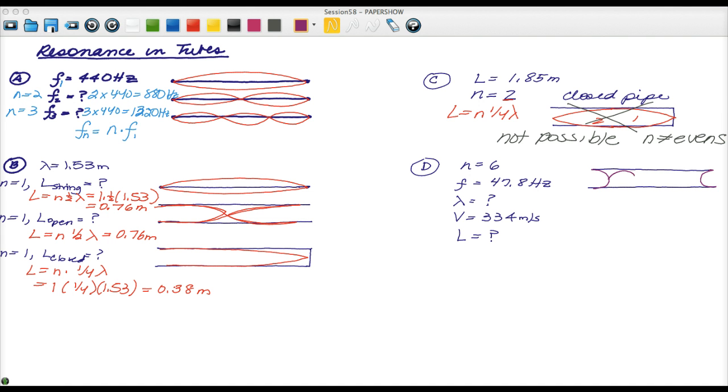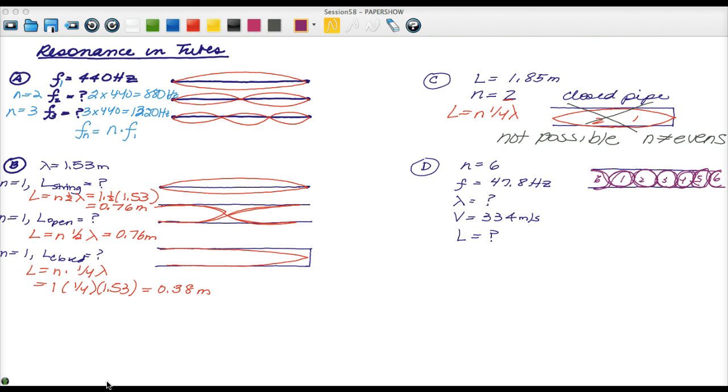That's 1/2 wavelength, 2/2 wavelengths, 3/2 wavelengths, 4, 5, 6 and 7. So this is what it looks like: you have 1, 2, 3, 4, 5, and then there's a quarter here and a quarter there. Those add up for your sixth one. So that's the sixth harmonic in an open pipe.